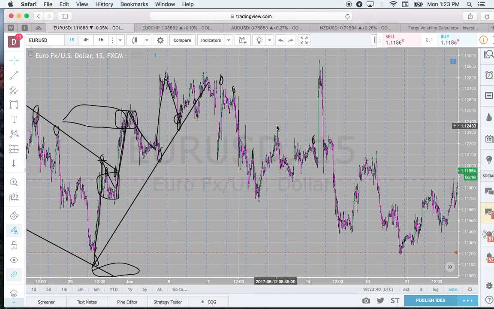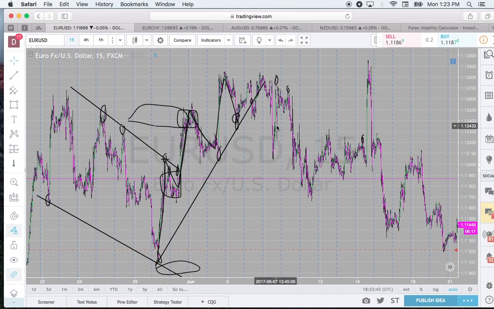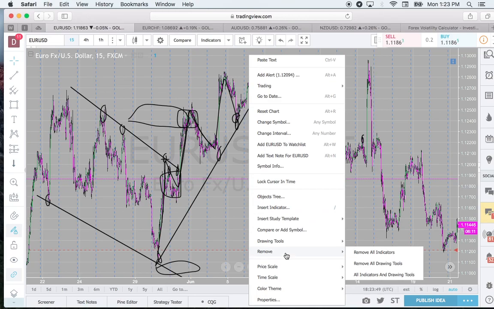So, we're told as retail traders, you guys, to trade with the trend. And we're told to trade 3 hits to the trend line. We're told it's not a valid trend until the 3rd hit.